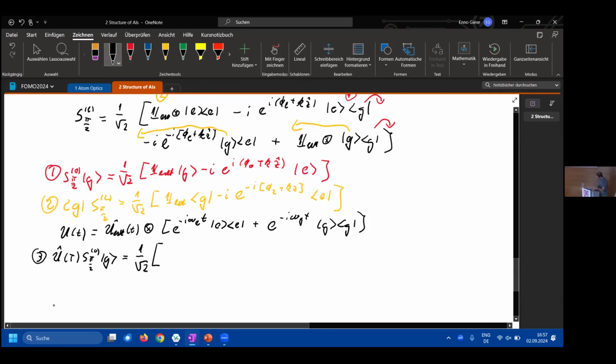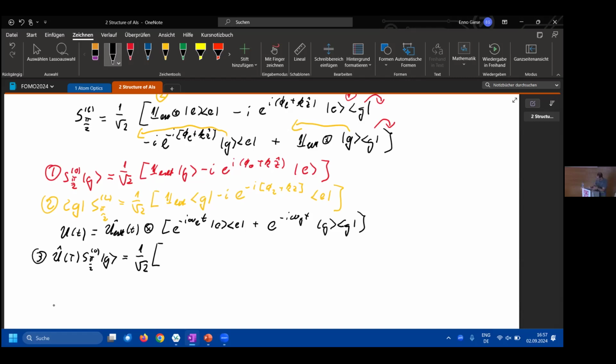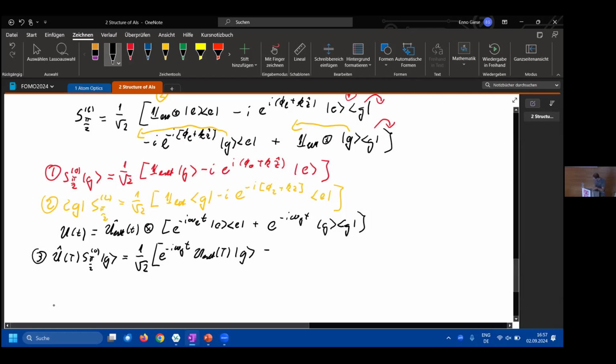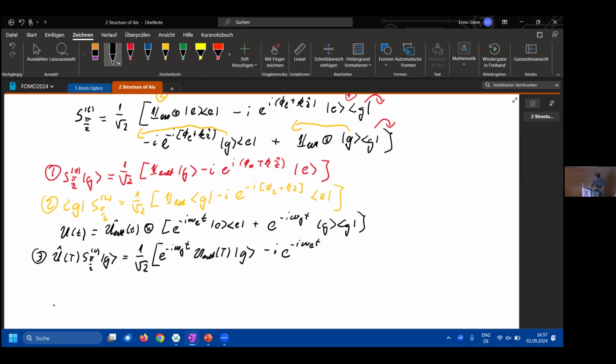And now in the ground state, projecting on the ground state, we just see e to the minus i omega ground state times t times the external degree of freedom evolved for a capital time t, times G, minus i e to the minus i omega excited t times U external of t times, exactly.